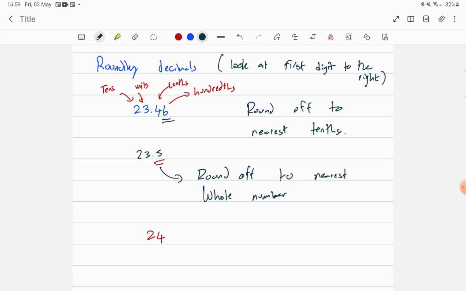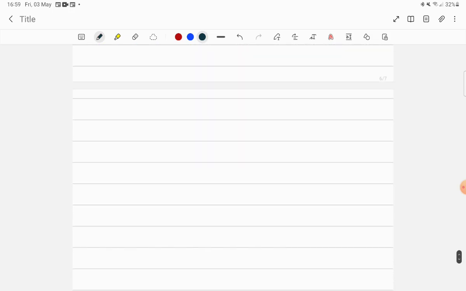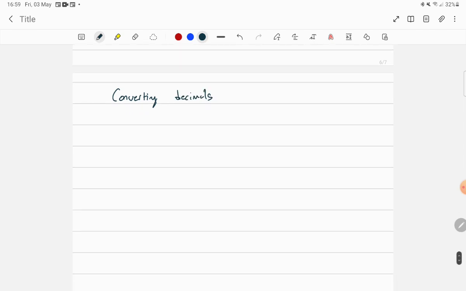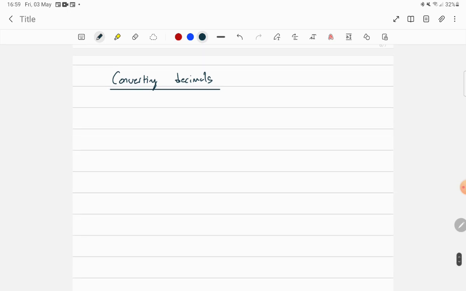And then another thing, you would also need to know how to convert decimals. If you have 0.62, for example, then you would need to know that this is equal to 6 over 10 plus 2 over 100. So now you're looking at the tenths and where each digit actually represents.